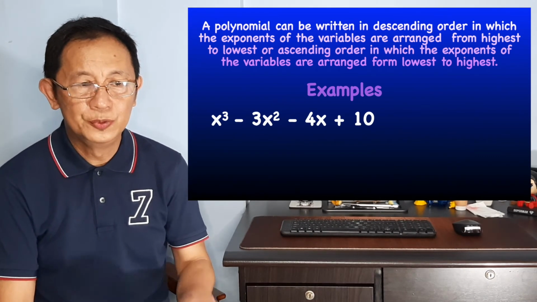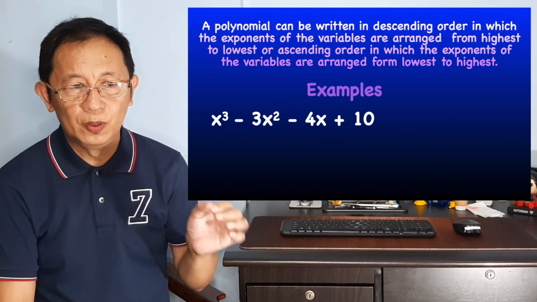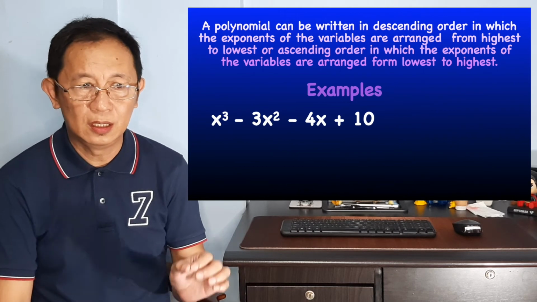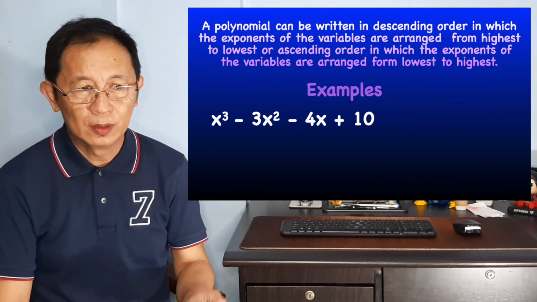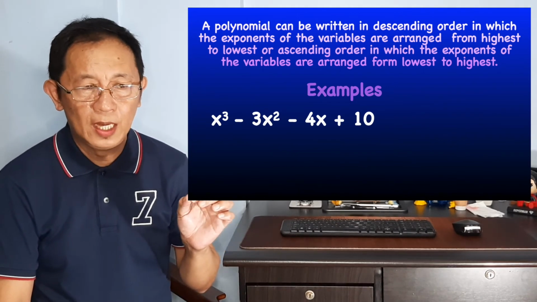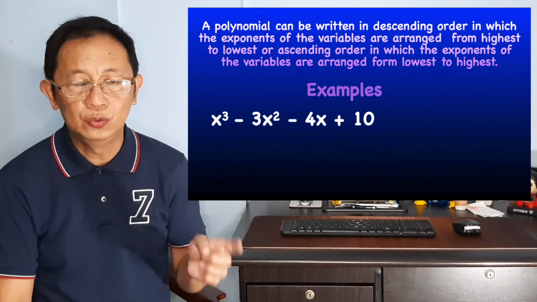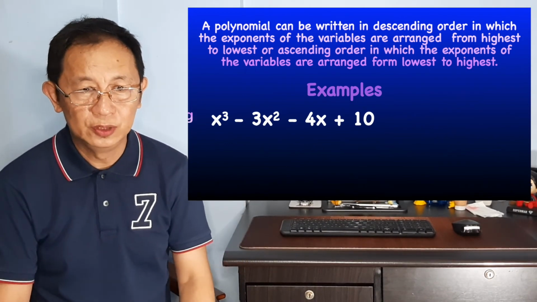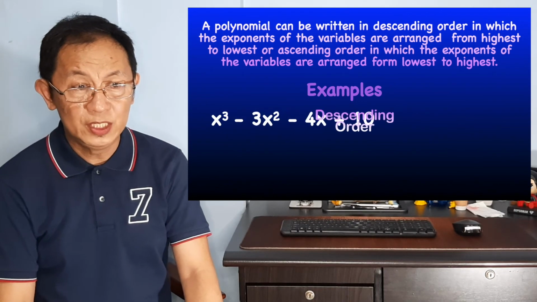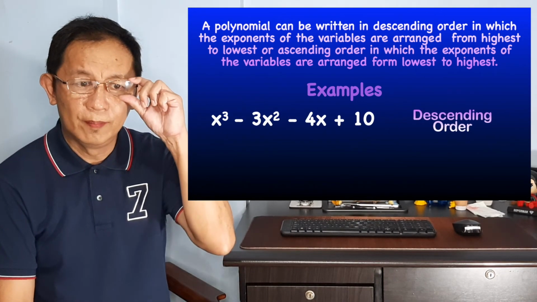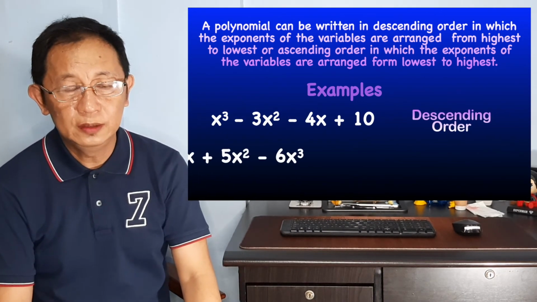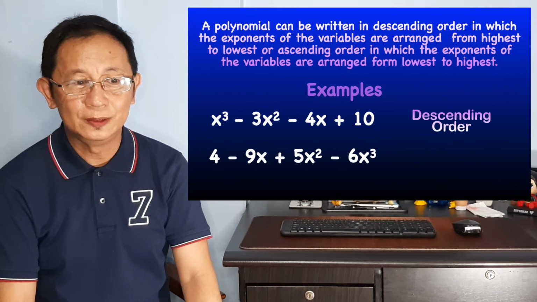So, observe the exponents of the variables. It is from highest to lowest. So 3, 2, 1, then 0. So therefore, the arrangement of this polynomial is in descending order.